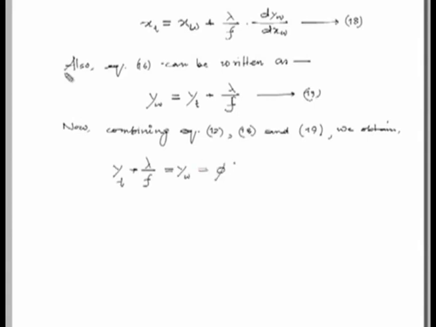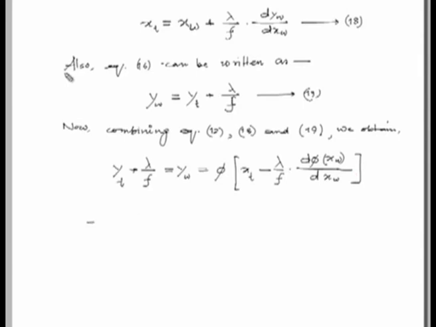This is in terms of phi x t minus sigma by f into d phi x w by d x w.